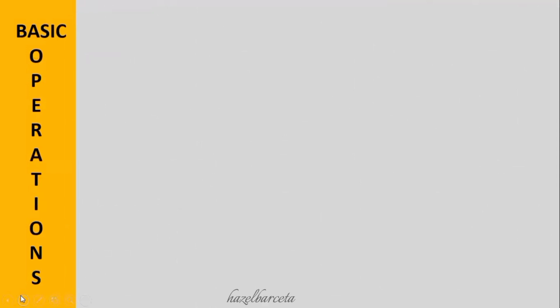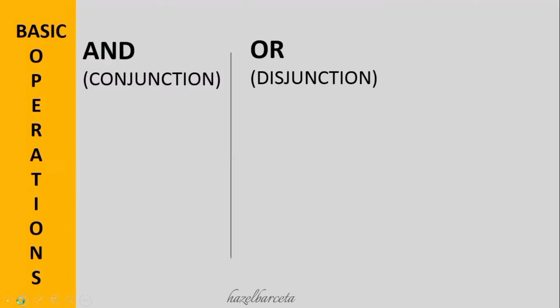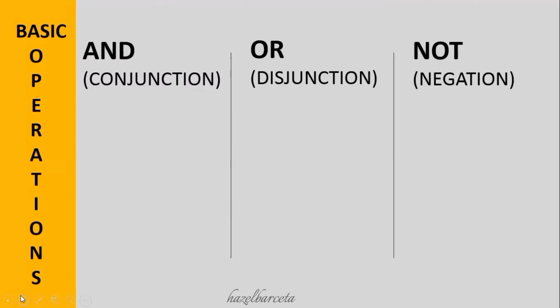Let's go to the basic operations. We have AND, OR, and NOT. So paano po natin ma-differentiate sa bawat isa? Symbol, para pong sombrero, or small v, and NOT parang susi. Key symbol.